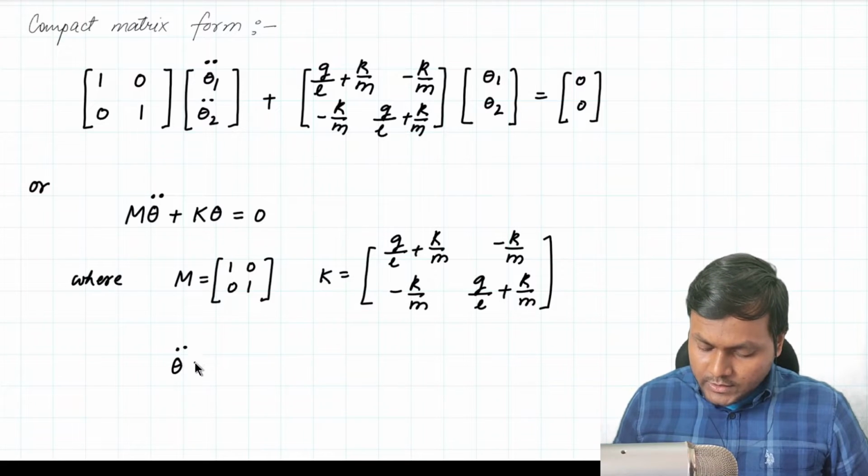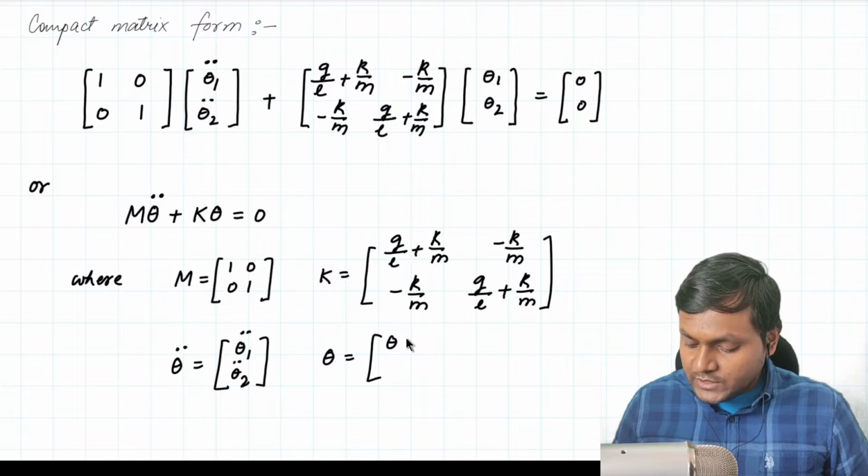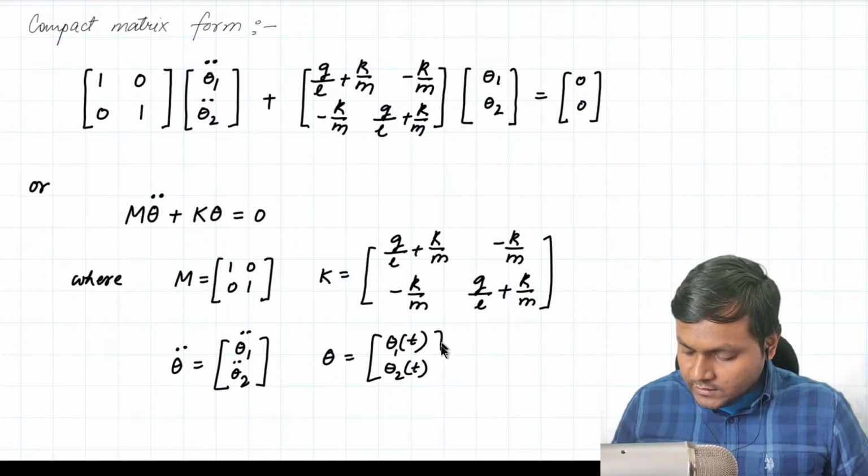Theta double dot contains the second order derivatives of theta1 and theta2, and theta simply contains the solutions that we are interested in, theta1 and theta2.